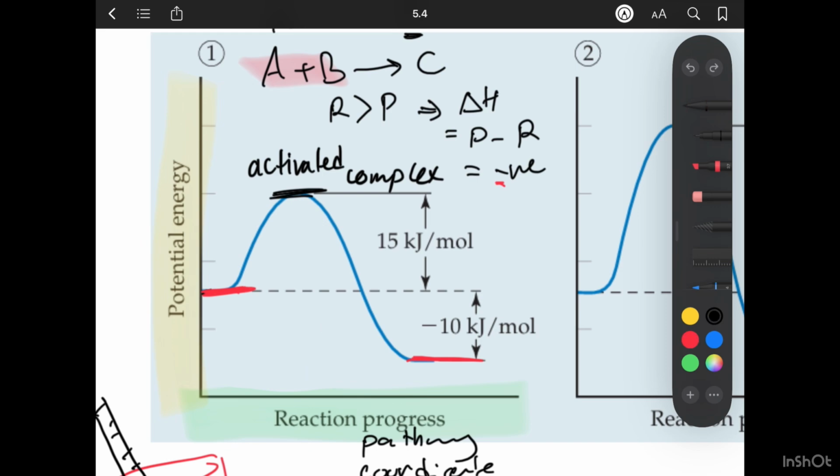We call the magnitude that extends from the energy of the reactants to the top, the activated complex, the activation energy. The activation energy is defined as the minimum amount of energy needed to start the reaction. So if the activation energy is really high, then the rate of reaction will be very slow, because you need to supply the system with a great amount of energy in order to react.